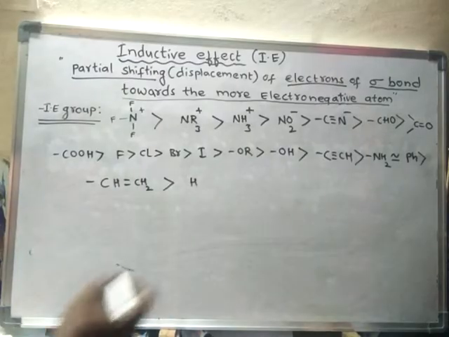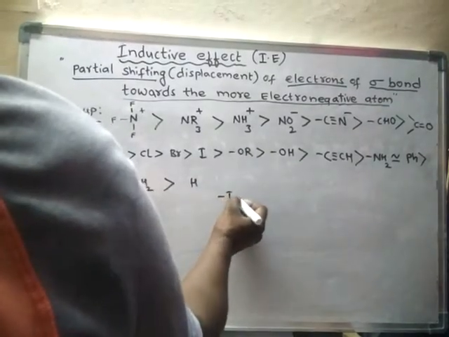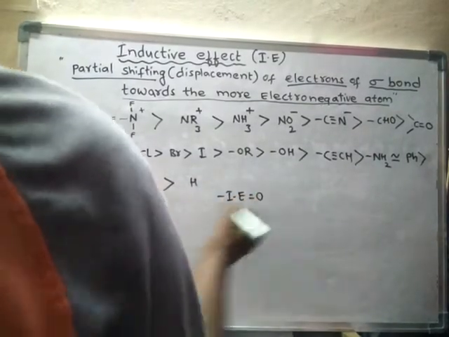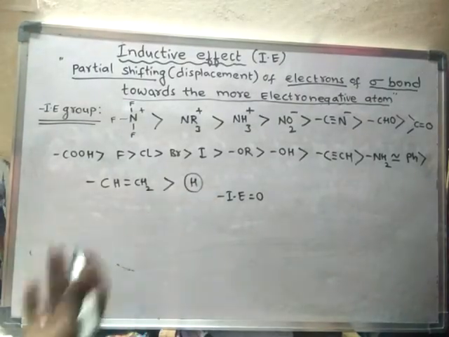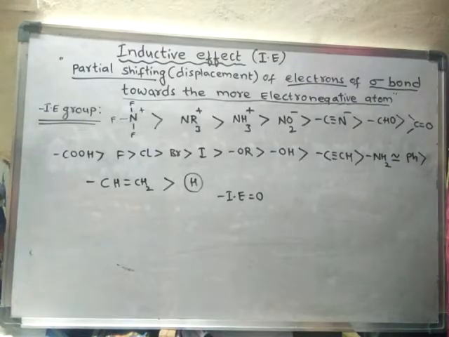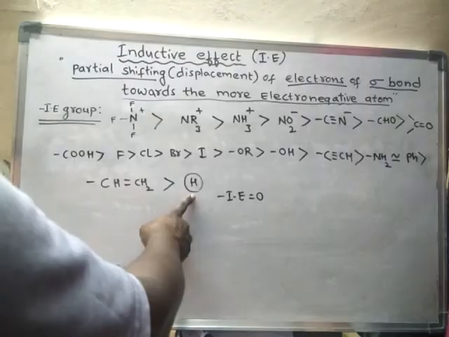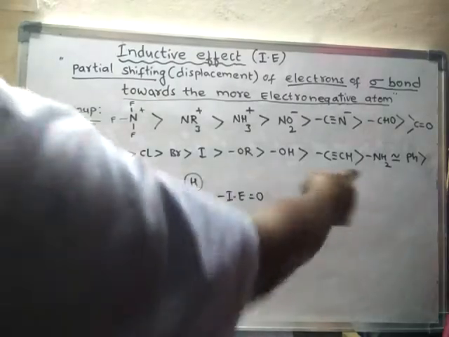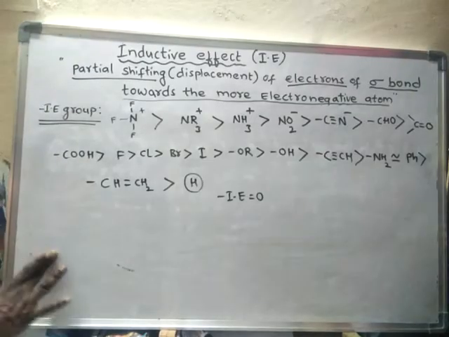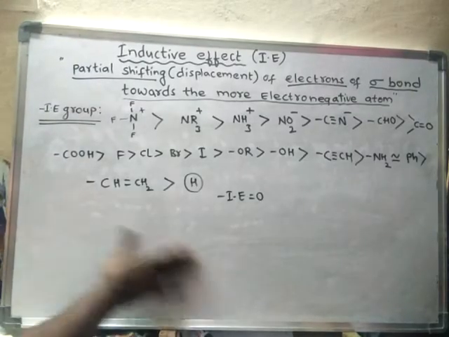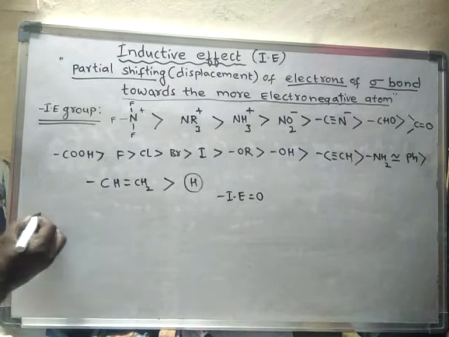Generally the minus IE shown by hydrogen is almost 0, so hydrogen is taken as the standard. So when compared to hydrogen, these are all more minus IE groups. Now let us learn the plus IE groups.